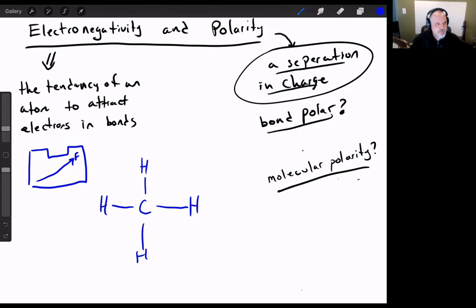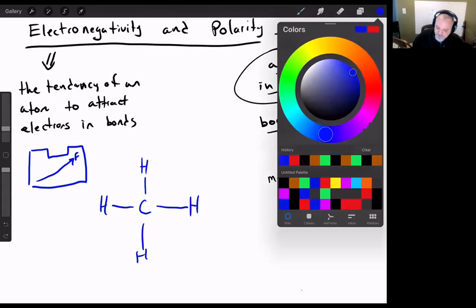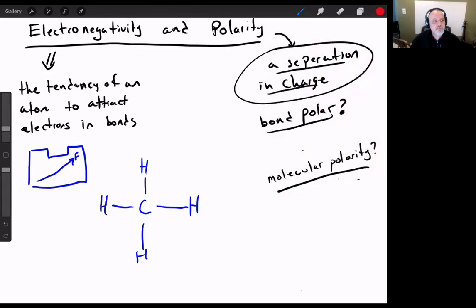So is the bond polar? Yeah. What side has the positive end, hydrogen or carbon? We're going to get to that in a second. Hydrogen is the positive end. So is the bond polar? Yes. Is the molecule polar?